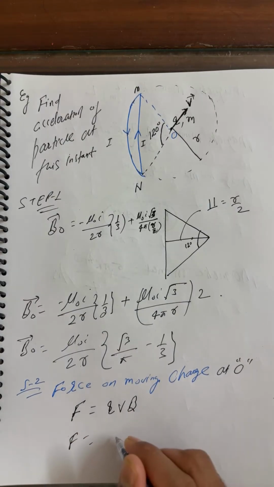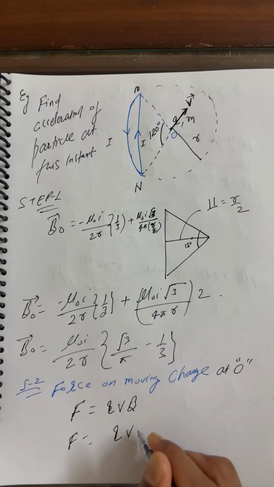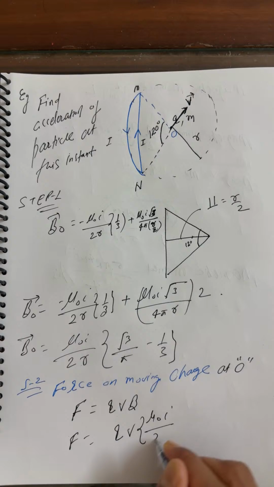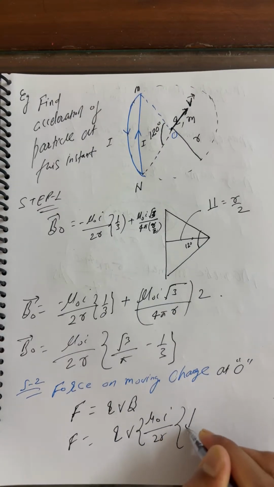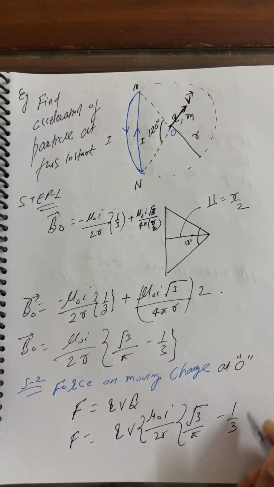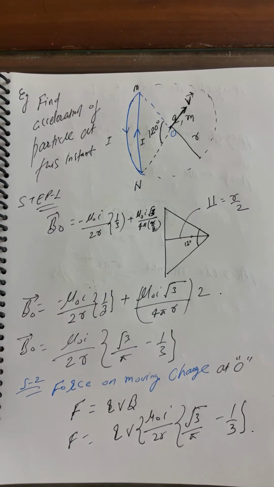So F is QV, and then what we found, mu naught into I by 2R times root 3 by pi minus 1 by 3. So finally we got our force.